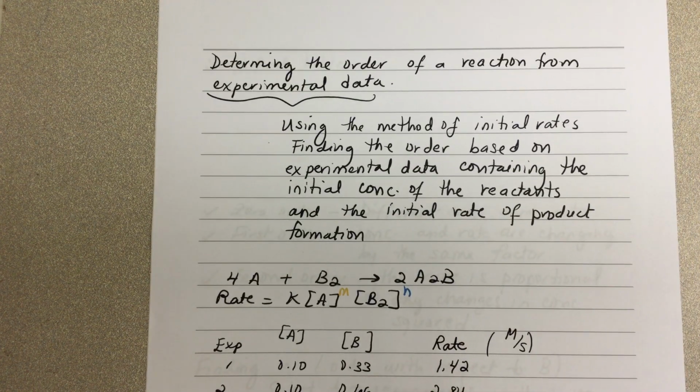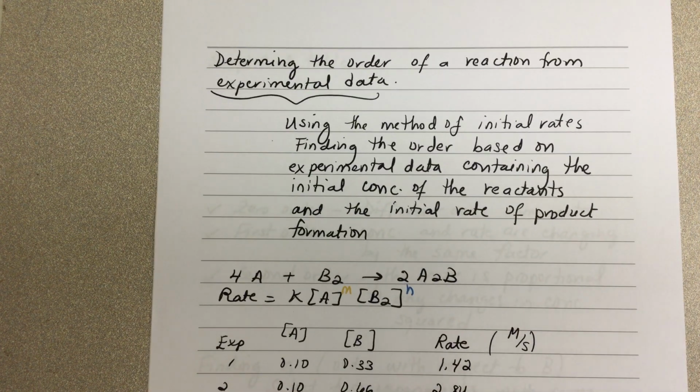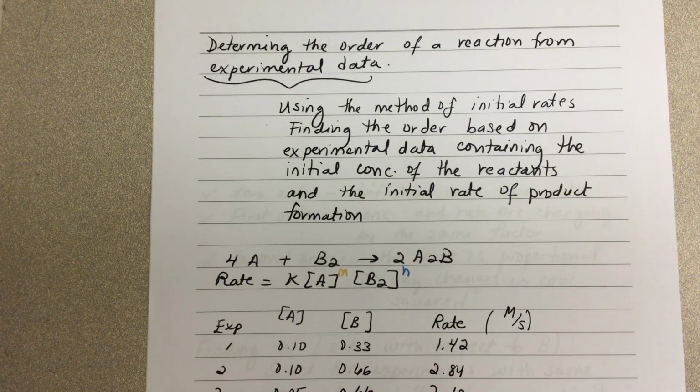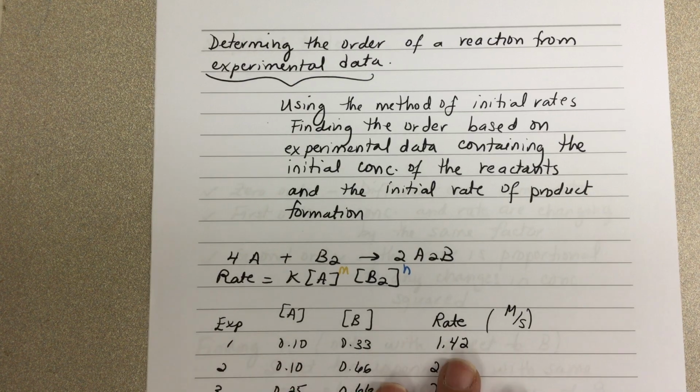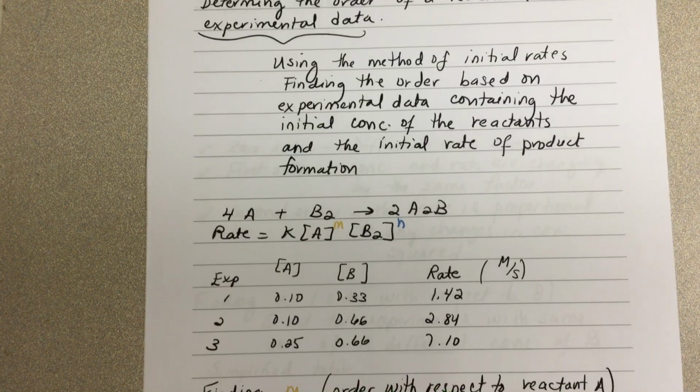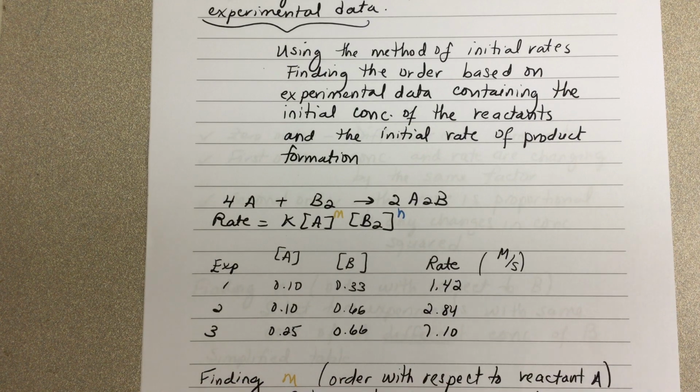Now there's a way that we can use to find out the order from experimental data. You can do an experiment, but in class you're going to be given the experimental data to find out the order. So I have here, and everything will look very similar to this, you're going to be given a table, and in that table you're going to have concentrations in different experiments for your reactants and the rate for that specific experiment.